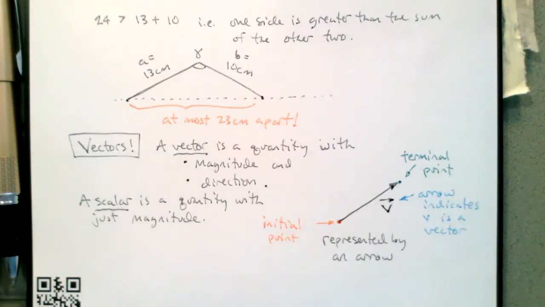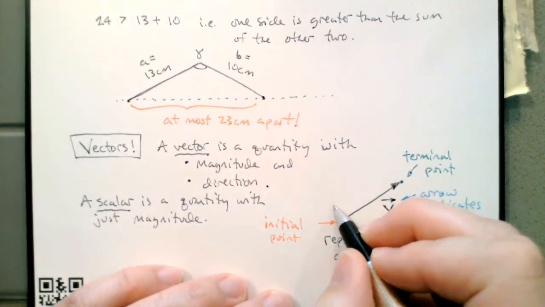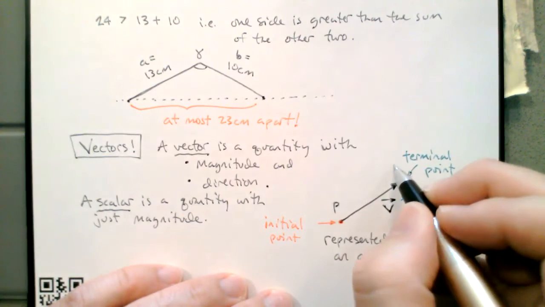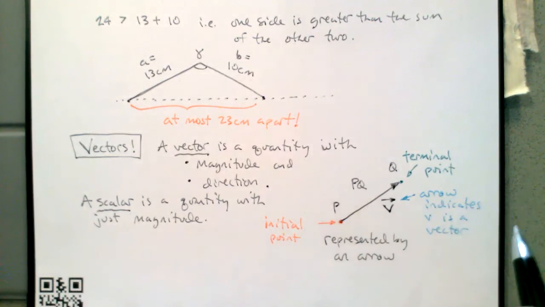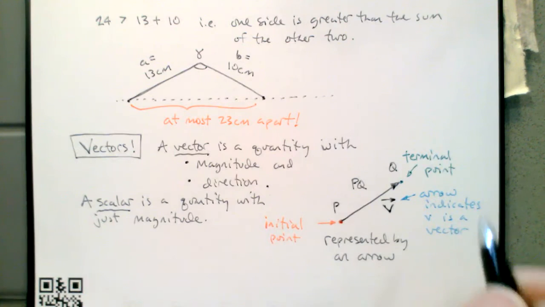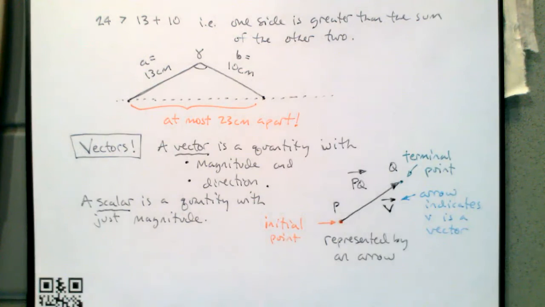Sometimes we name points. So if this vector starts at point P and ends at point Q, we might name this vector PQ, but we still want to indicate that we're talking about the vector PQ and not the line segment PQ. So we use an arrow to indicate a vector, as opposed to the line segment PQ.